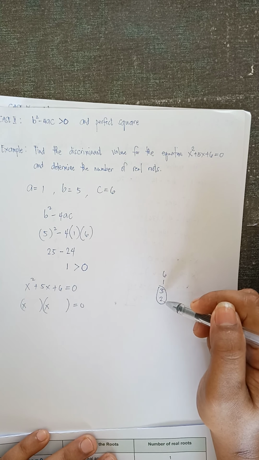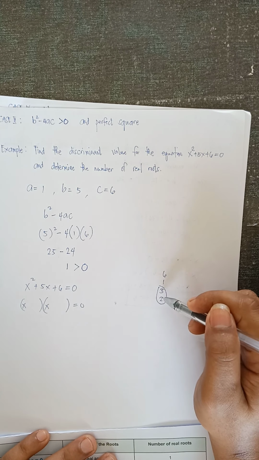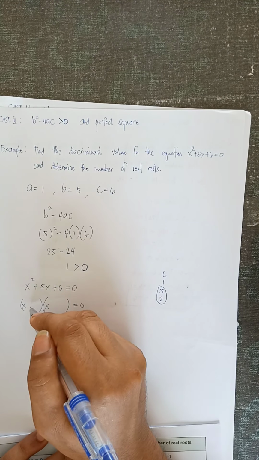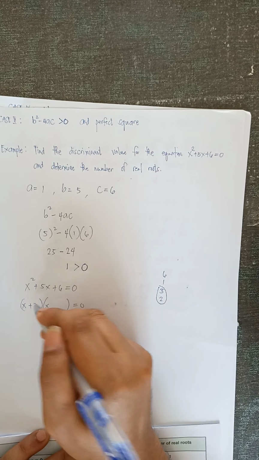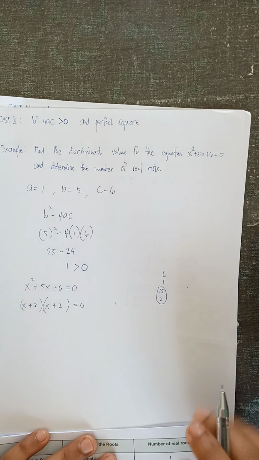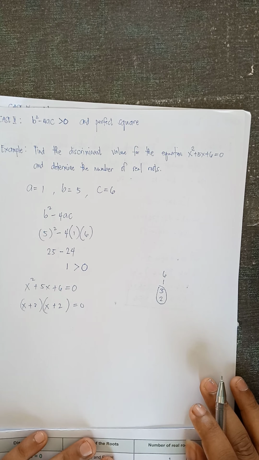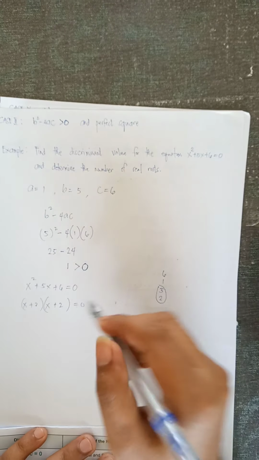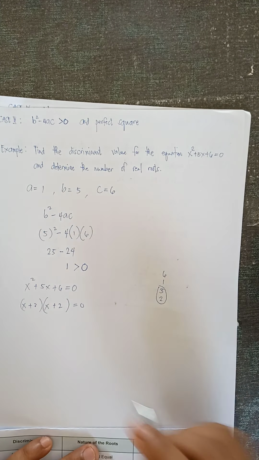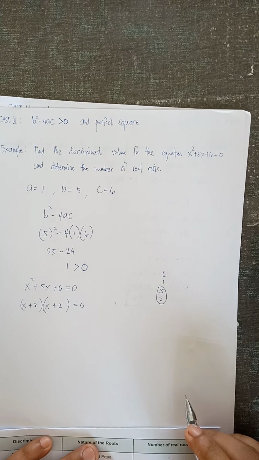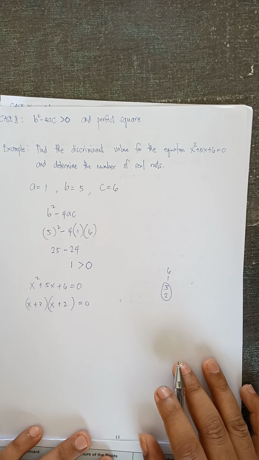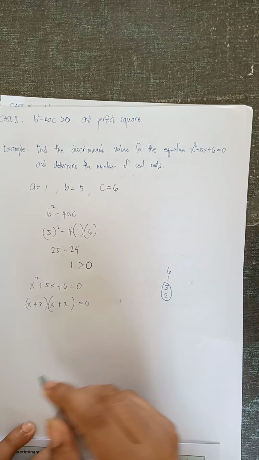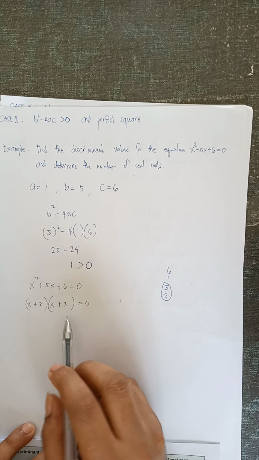3 and 2. Okay, 3 plus 2 is equal to 5. So we have positive 3 and positive 2. These are the factors of the quadratic equation given in our example. So next, what we're going to do is to use the zero product principle, equate each factor to 0.